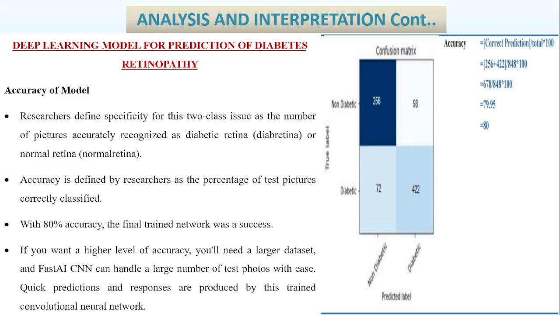That is the prediction level, that is the correct prediction in the confusion matrix. Then the picture is accurately recognized as diabetic retina or normal retina.